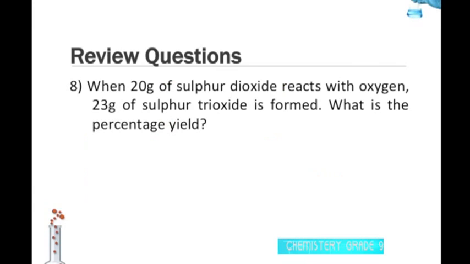When 20 grams of sulfur dioxide reacts with oxygen, 23 grams of sulfur trioxide is formed. What is the percentage yield? The actual yield is 23 grams of sulfur trioxide. So 2 sulfur dioxide plus oxygen yields 2 sulfur trioxide.